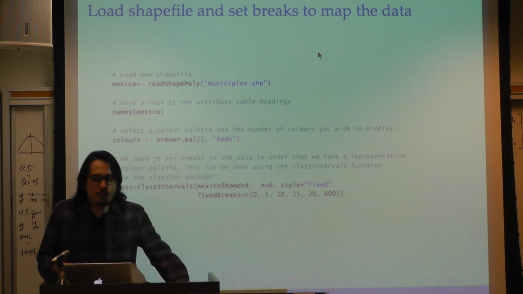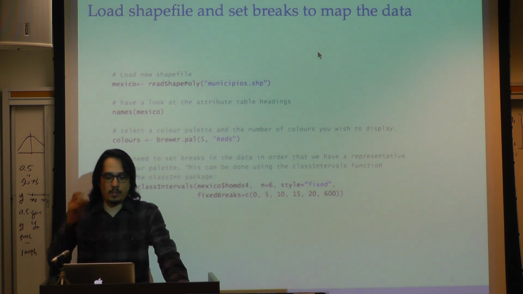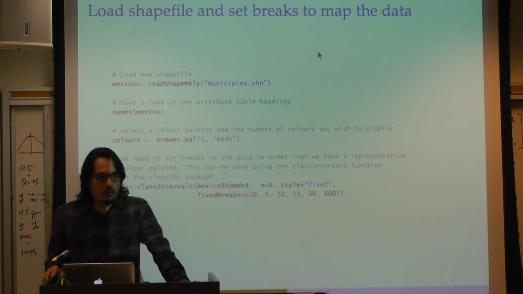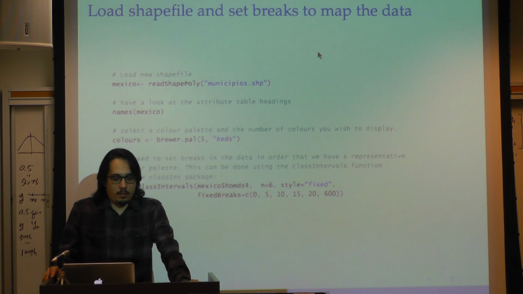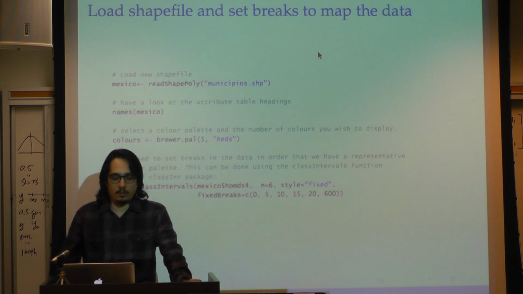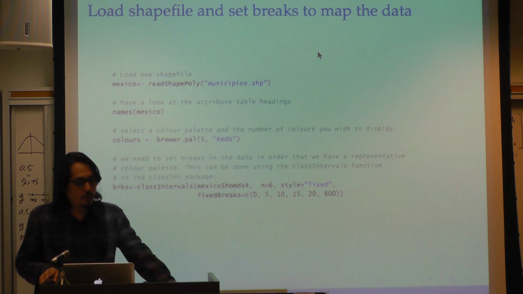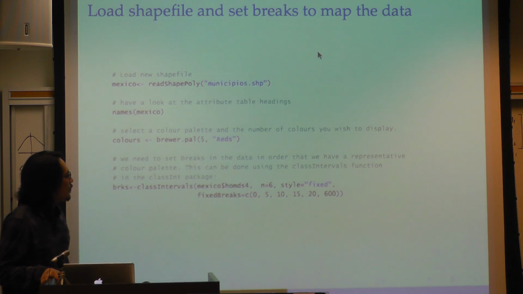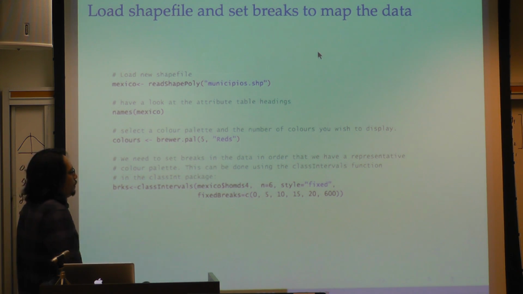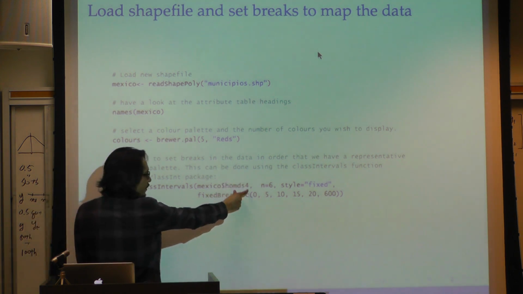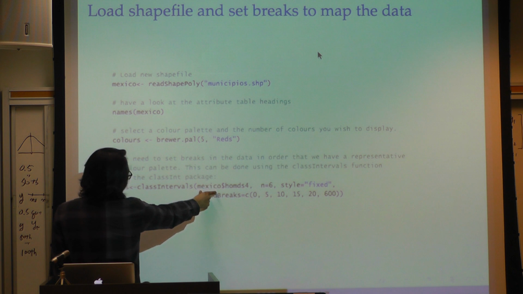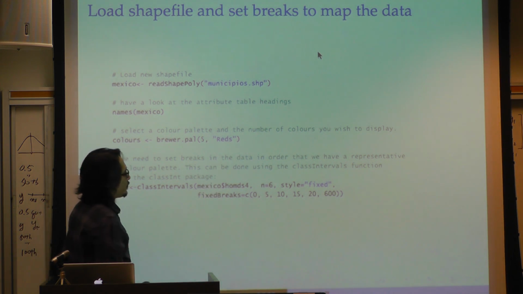And then we need to set breaks in the data so that we have a representative color palette, right? So by setting breaks, you mean coarsening your variable? Exactly. And you can use the class intervals function, specifying that you want to use, in this case, the homicides 4 variable from the Mexico data.